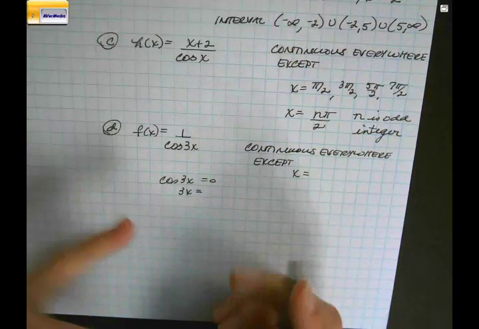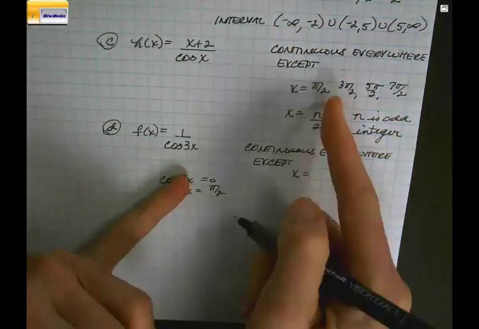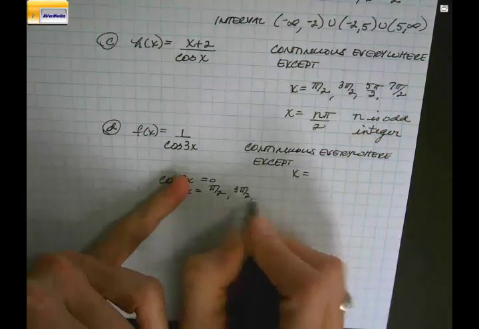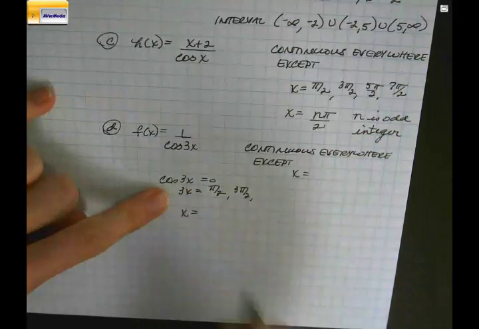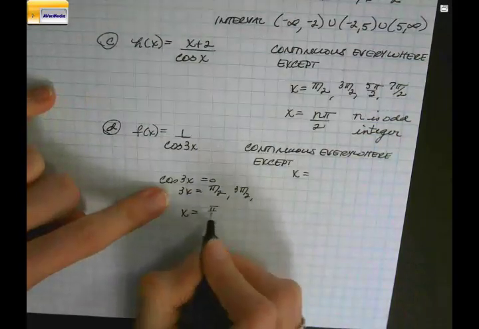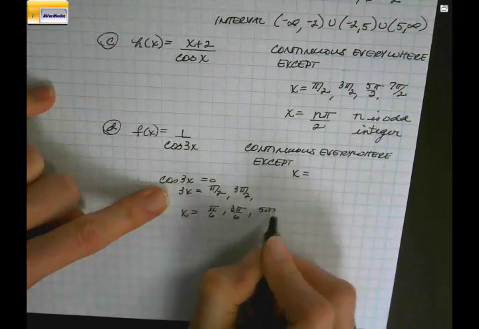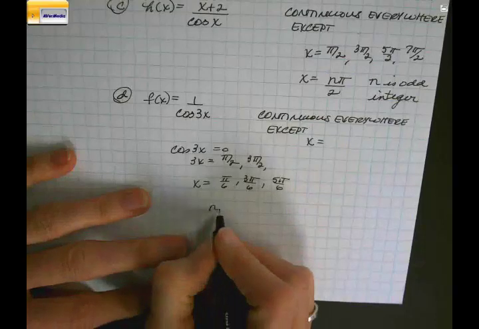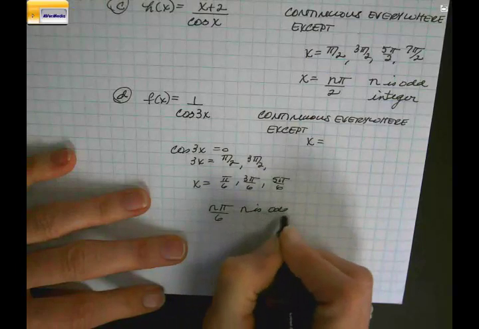Cosine equals 0 at pi over 2, just like up here. Same thing. So now if I want x, divide everything by 3. So this becomes pi over 6, 3 pi over 6, 5 pi over 6. It's the same thing, but we call this n pi over 6, where n is an odd integer.